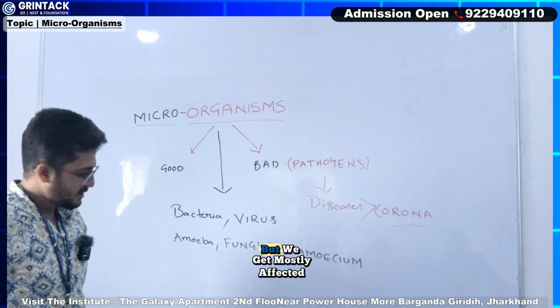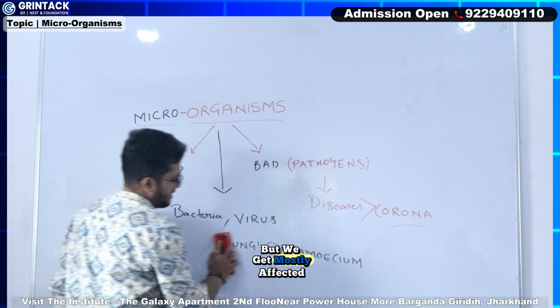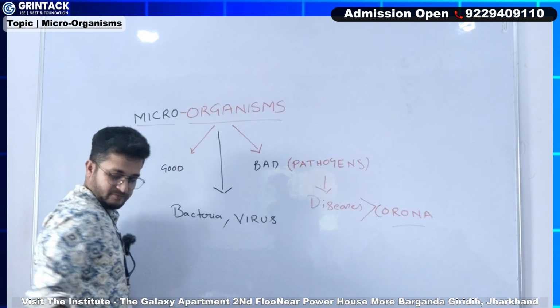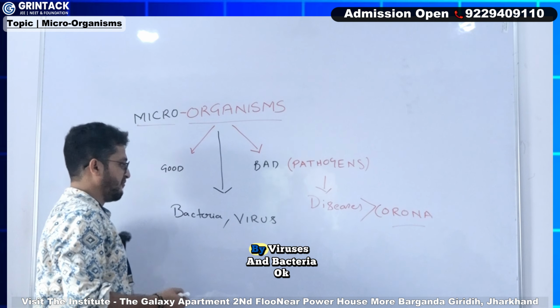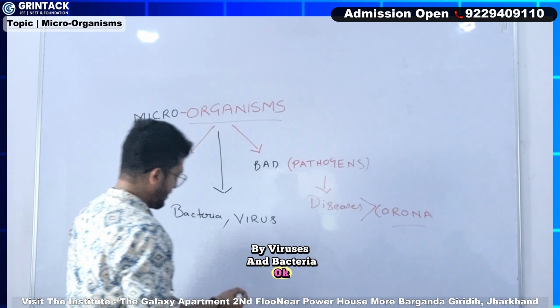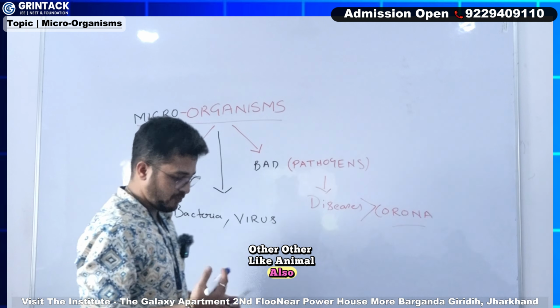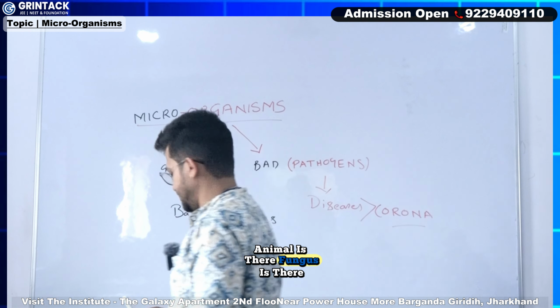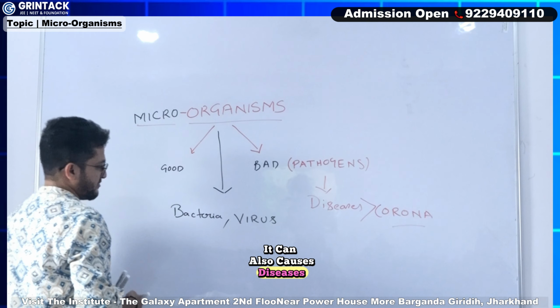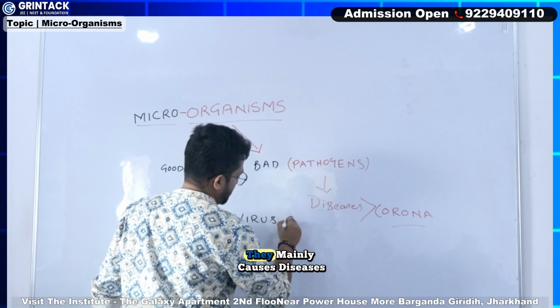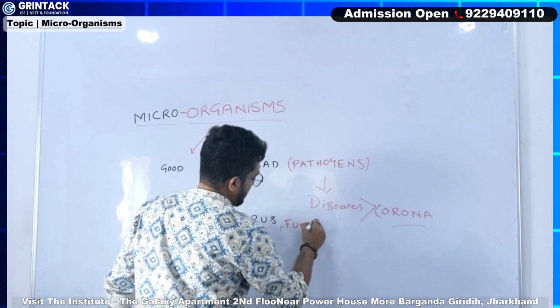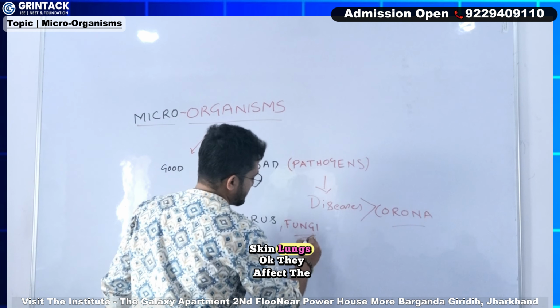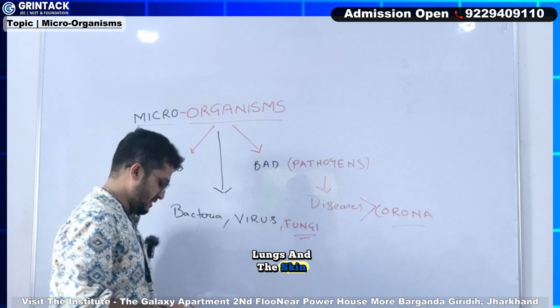But we get mostly affected by viruses and bacteria. Others like amoeba also obviously cause diseases. Fungi can also cause disease. Fungi mainly cause diseases of the skin and lungs. They affect the lungs and the skin especially.